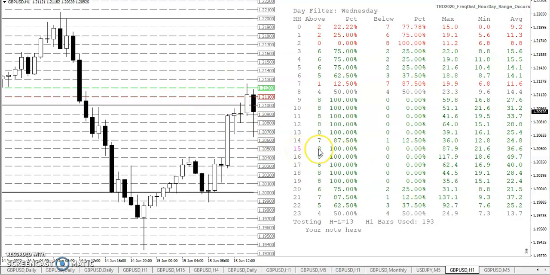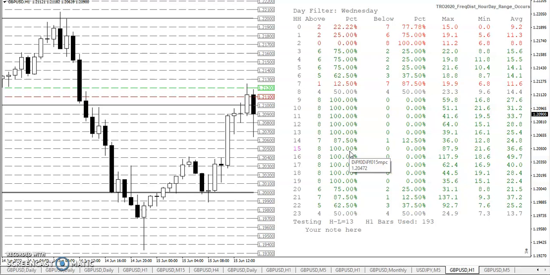Above, how many times was high minus low above 13 during hour 8? Well, it was above it 108 times, and that was 100%. So in other words, there's 8 bars over the last 193 bars.